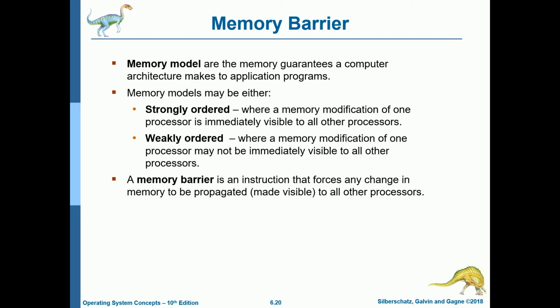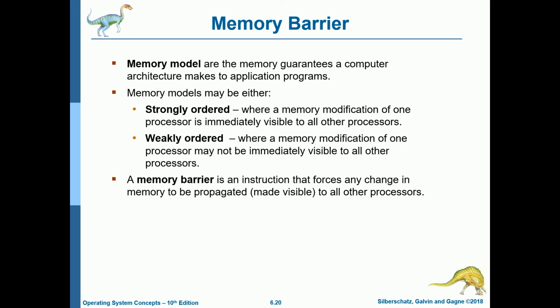In order to address this issue, computer architectures provide instructions that can force any changes in memory to be propagated to all other processors, thereby ensuring that the memory modifications are visible. Such instructions are known as memory barriers or memory fences.